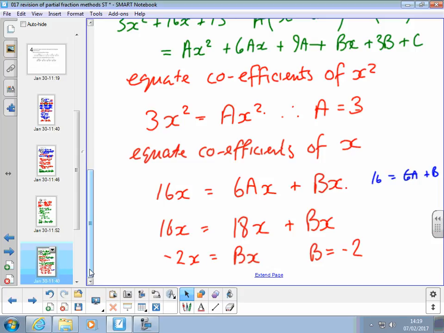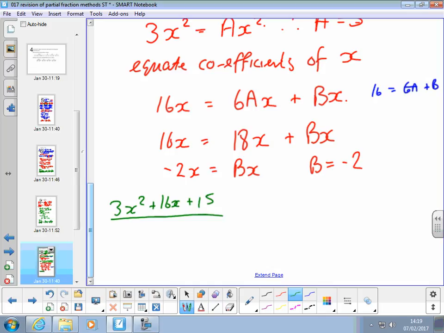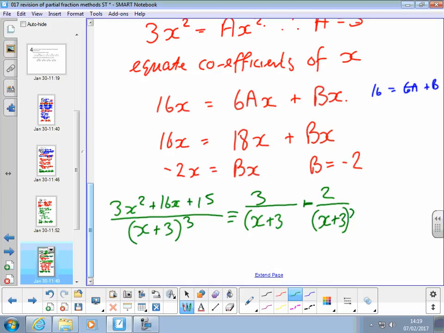So finally, (3x² + 16x + 15) over (x + 3) all cubed is equivalent to 3 over (x + 3) minus 2 over (x + 3) squared minus 6 over (x + 3) cubed.